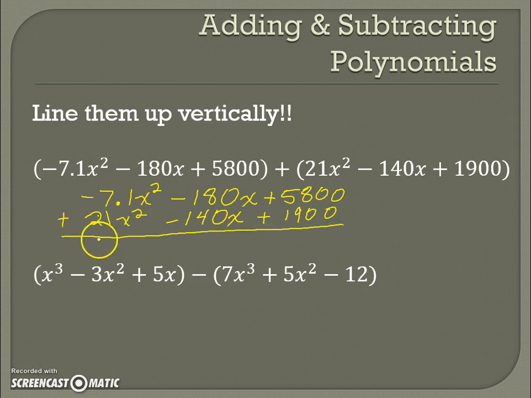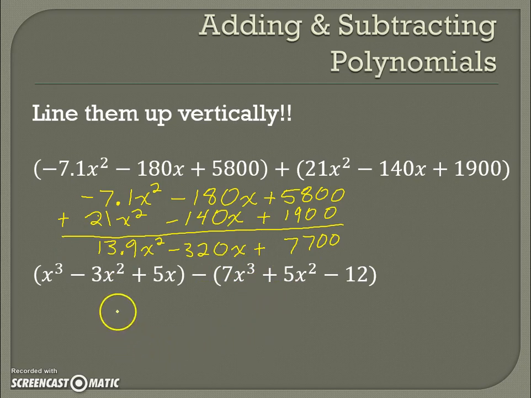So here I get, let's see, I think that's 13.9x squared minus, that would be, let's see, 0, 2, carry the 1, is 320x. And this one's going to be 0, 0, 7, 7. All right, so this is adding and subtracting that polynomial.